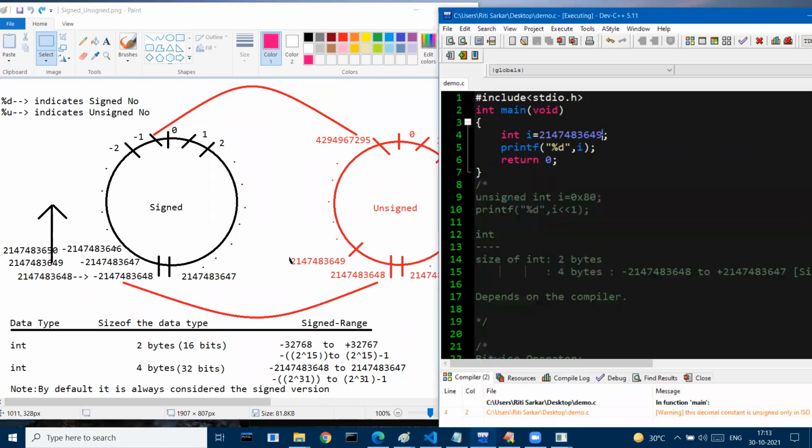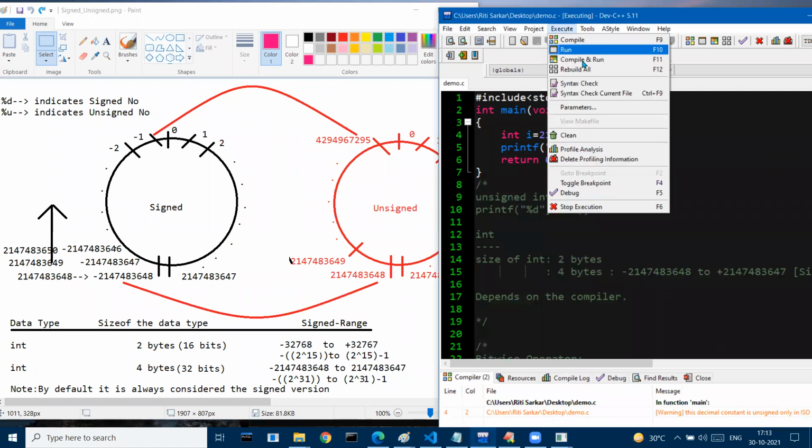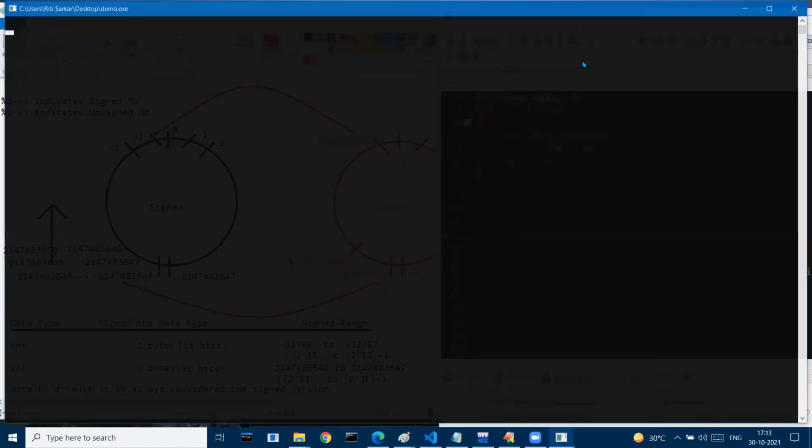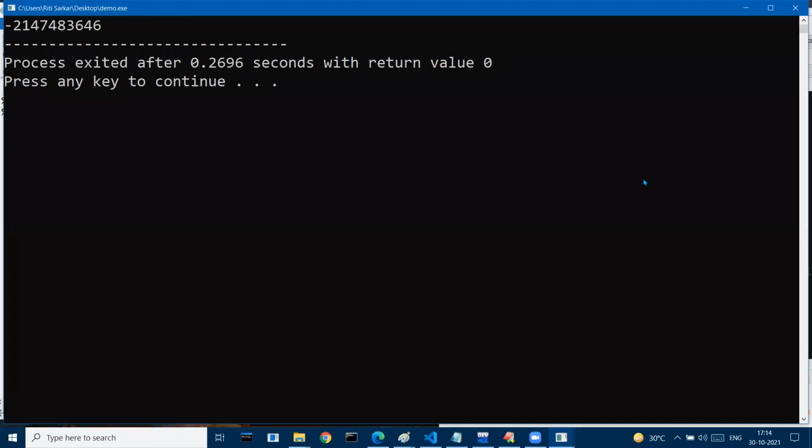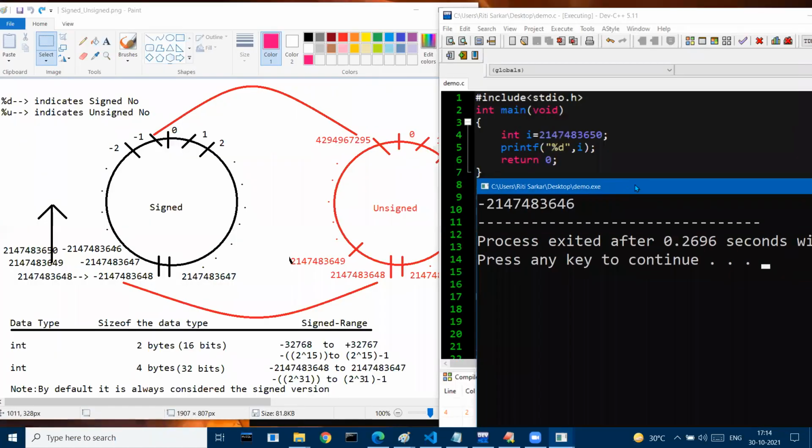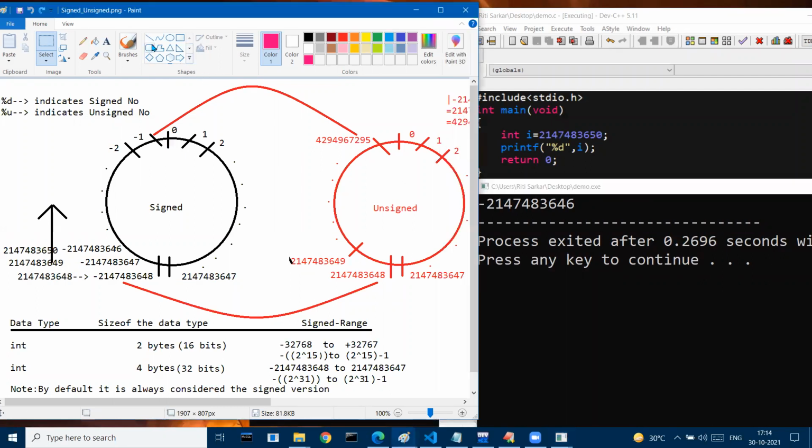Yes. Execute, compile and run. Okay, na, guys? Perfect, na? Sir, that means if you are talking in terms of unsigned, now what will happen?